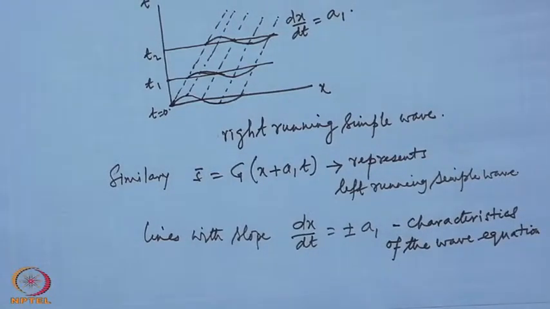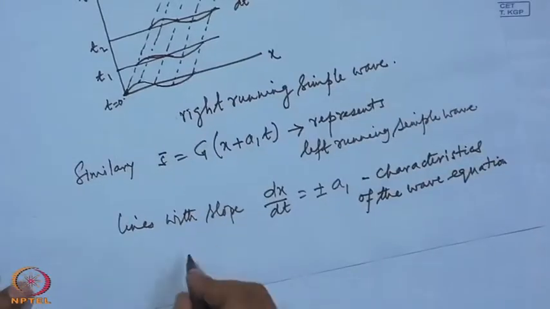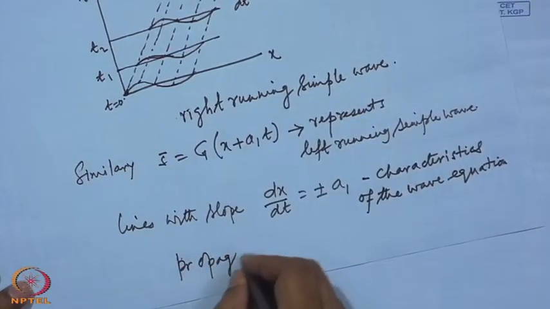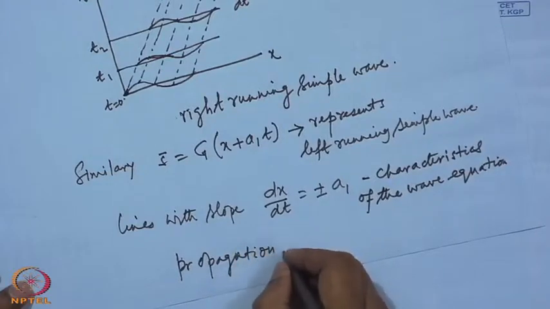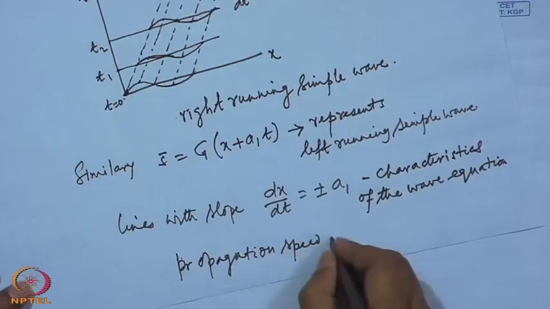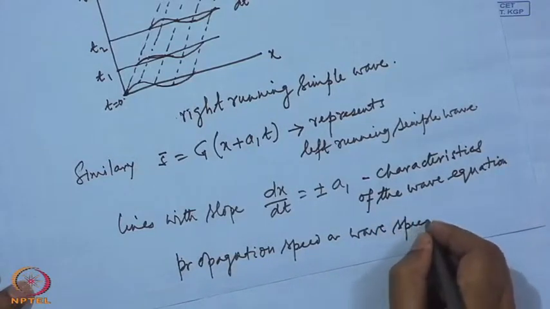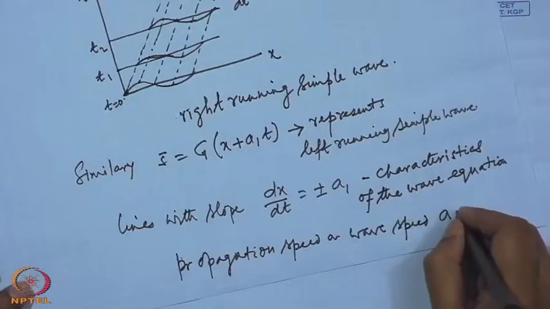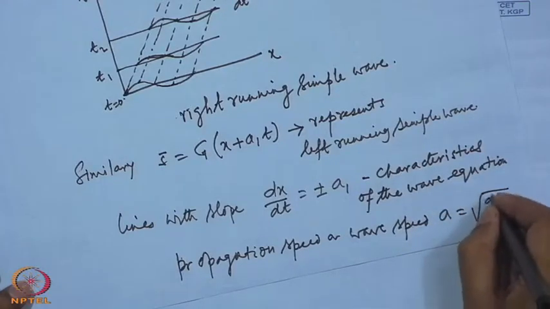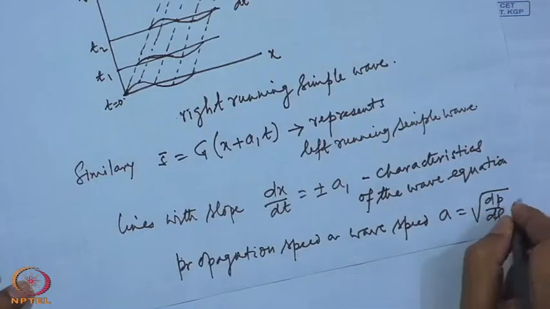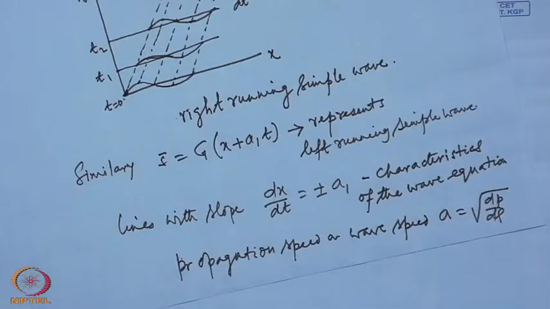The disturbance propagates through the fluid with a speed, propagation speed or wave speed, which is square root of d p d rho, and this is called the acoustic speed or sound speed.